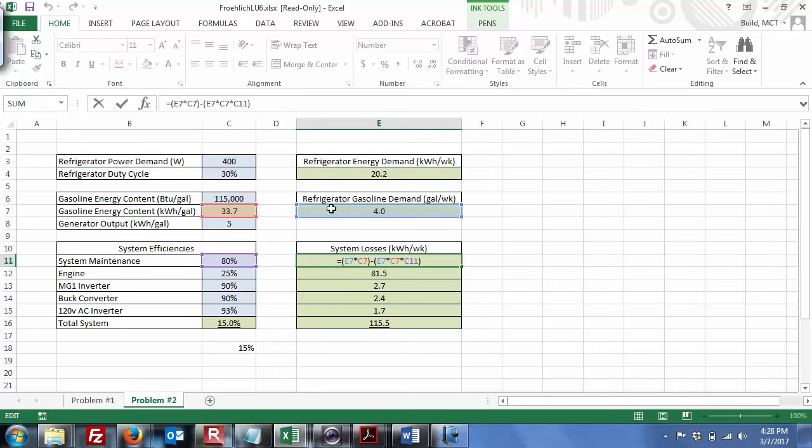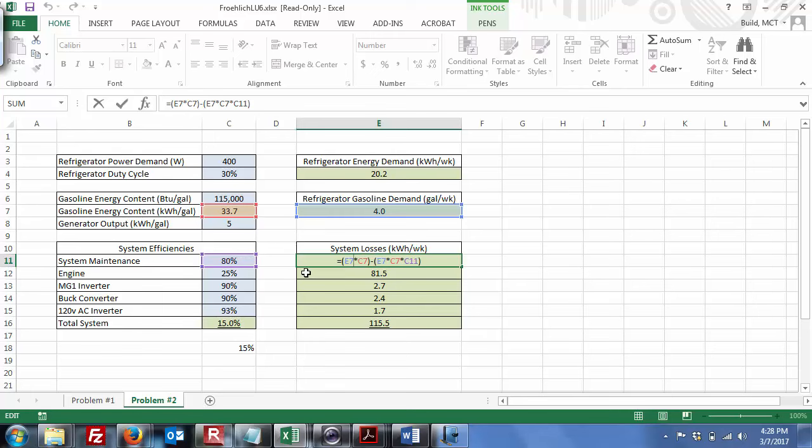It's the total gasoline per week times kilowatt hours, so we're just converting to kilowatt hours. How many kilowatt hours of gasoline do we have per week, minus the kilowatt hours of gasoline per week again, times that loss, the system maintenance loss. And where did that come from in Word?